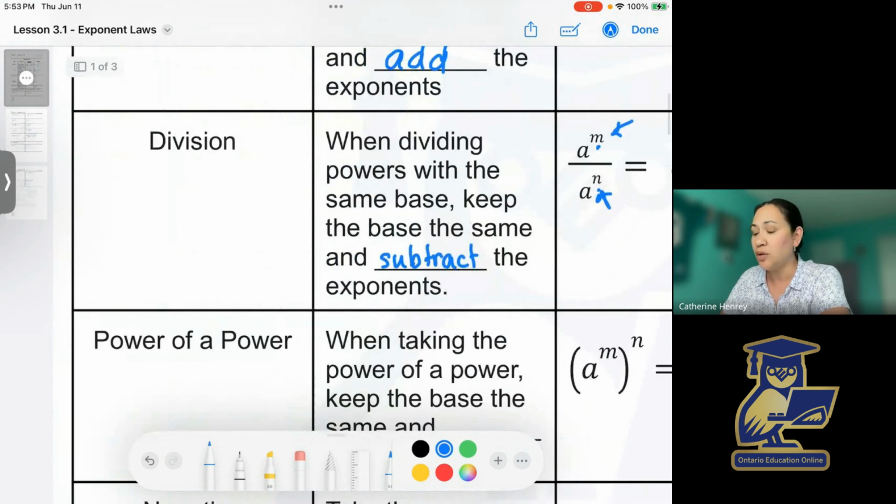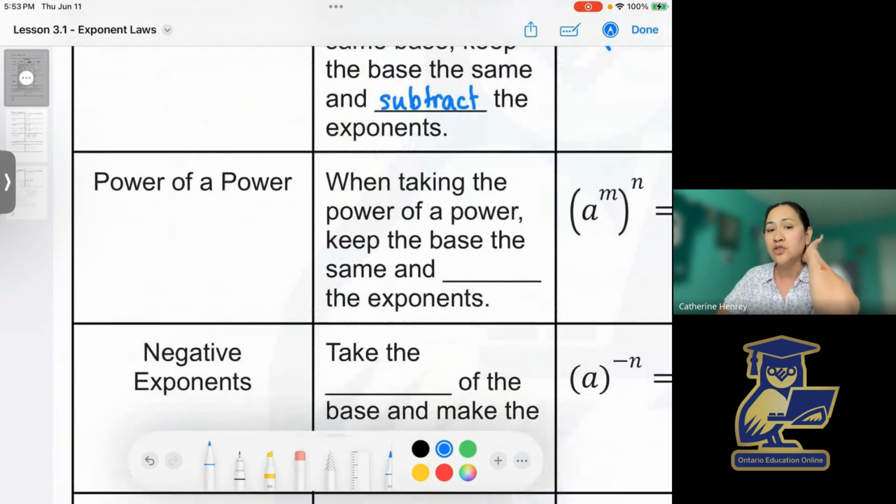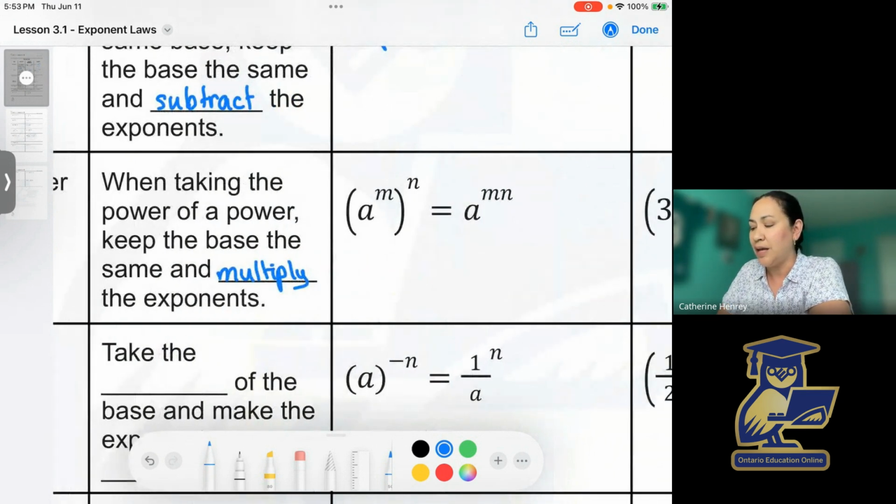Our next exponent law is called power of a power. So when we're taking the power of a power, we're going to keep the base the same, and now we are going to multiply. So if we take a look at the example, I have a to the power of m, and I'm raising all of that to the power of n.